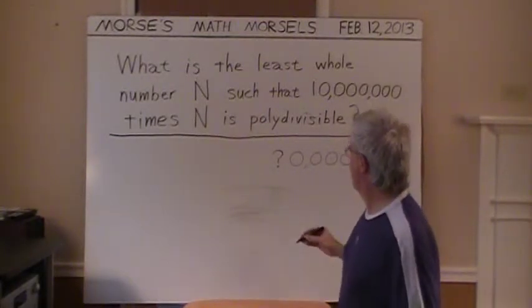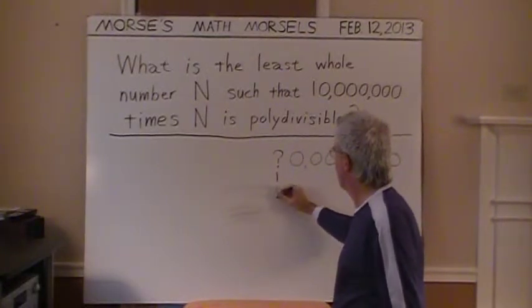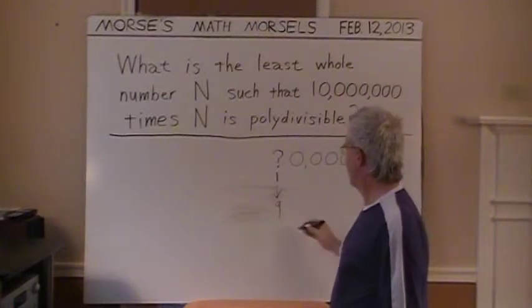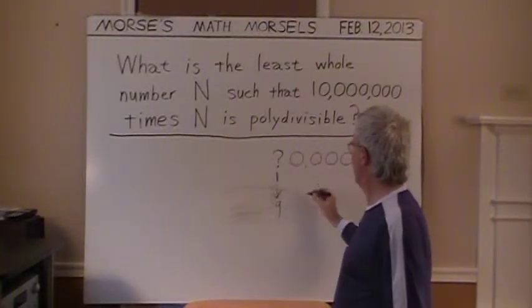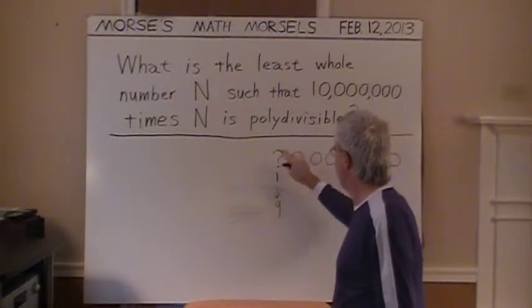So if we try different digits, like any of these 1 through 9, none of them will work. We can't put 1 or 2 in there because 100 or 200 are not multiples of 3.